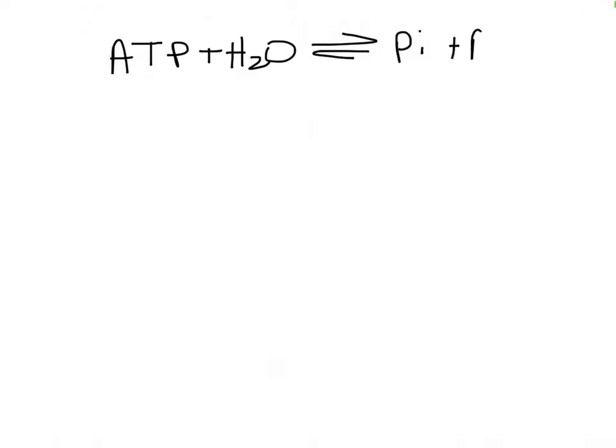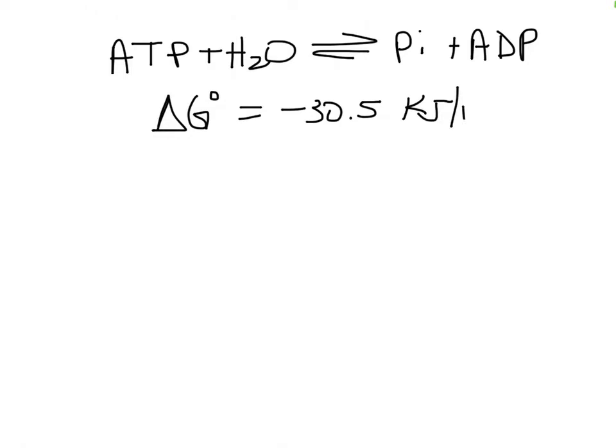Now let's look at some of the thermodynamics of ATP hydrolysis. When you hydrolyze ATP plus water, you get inorganic phosphate and ADP. Now, the delta G standard for this reaction would be negative 30.5 kilojoules per mole.